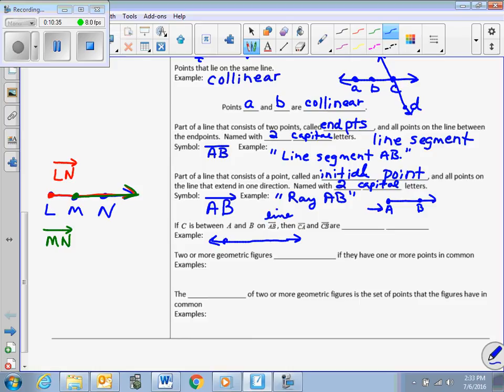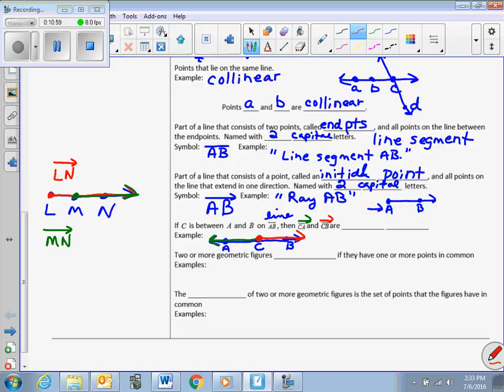So here's A, here's B, and they're telling me that C is between, then ray CA, here's ray CA, and ray CB.